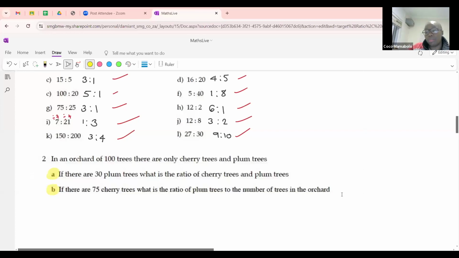Then pop whatever emoji you would like in the chat. Shadi, we are solving question 2A and B, the one on the screen.